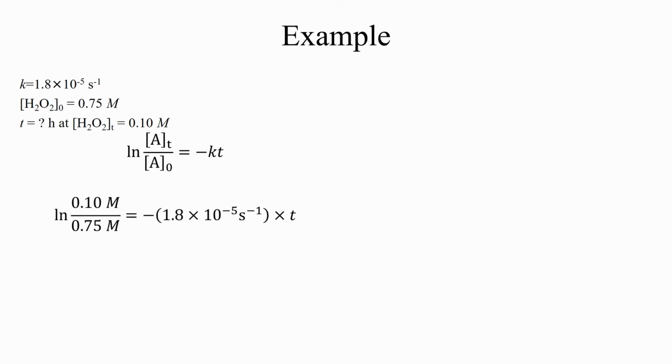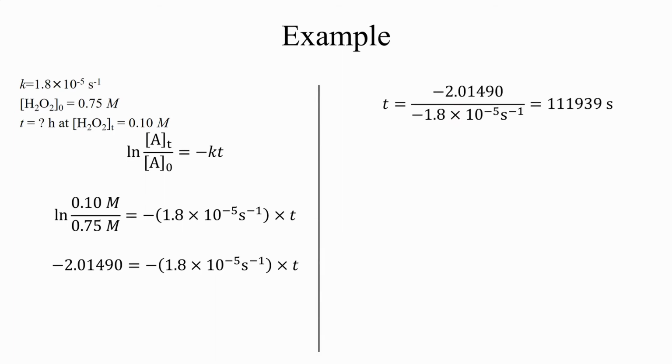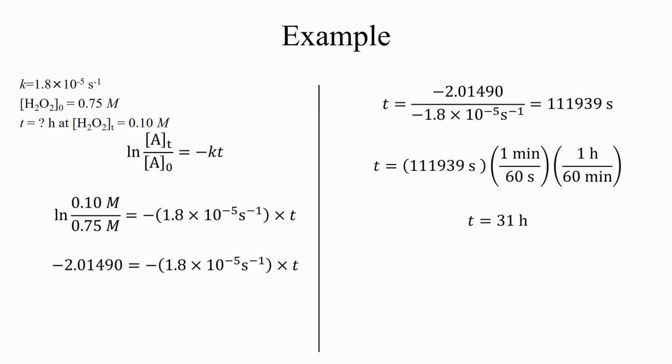This one's easy, there's no anti-logs or Euler's number. It's just a matter of plugging everything in, being very careful to note that negative sign in front of the rate constant, and solving for time. In this case, we get a very large number. It might be better to write this in hours.